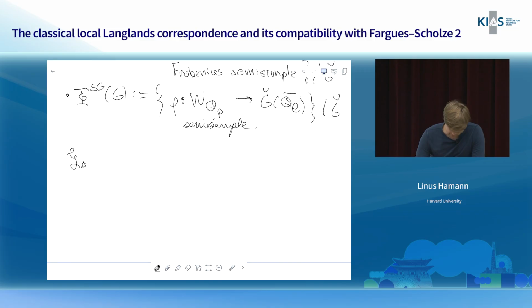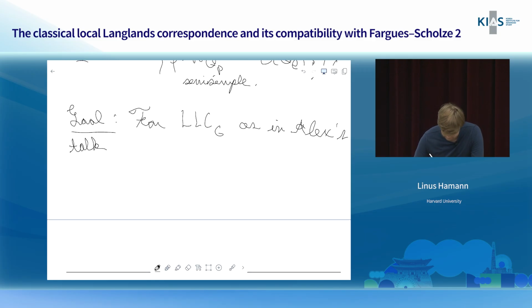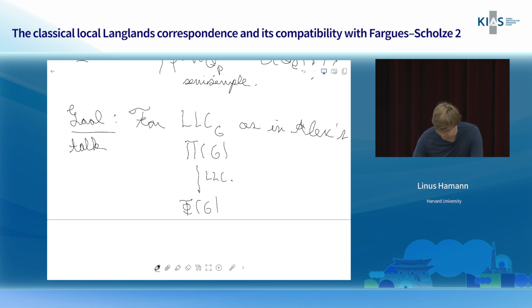So what's the goal of the talk? For some LLC_G, as in Alex's talk, that satisfies the various properties that Alexander wrote down, we have some map going from Pi_G to the set Phi_G, which I'll call LLC_G.